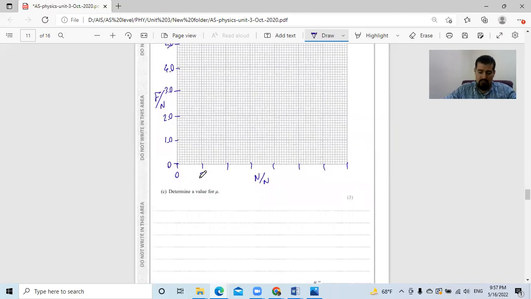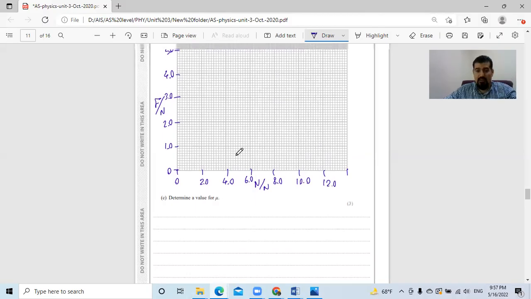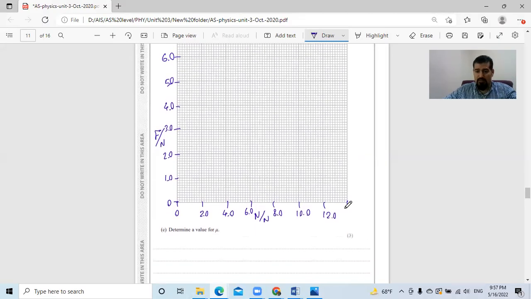So I'll make it 2, 4, 6, and here 8, 10. Now in this situation, I can be more accurate in plotting my graph, because I cover more than two-thirds of the scale.